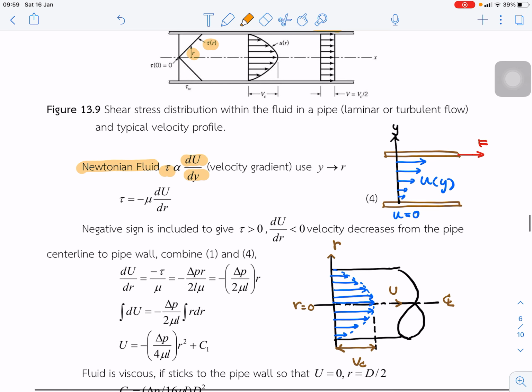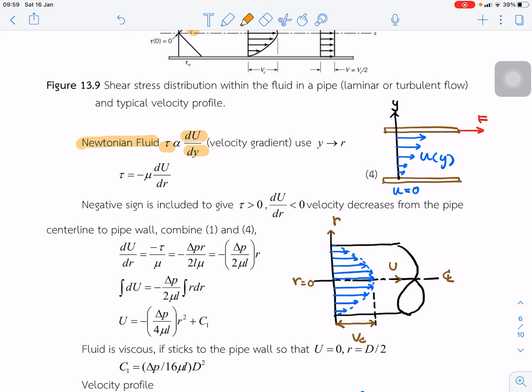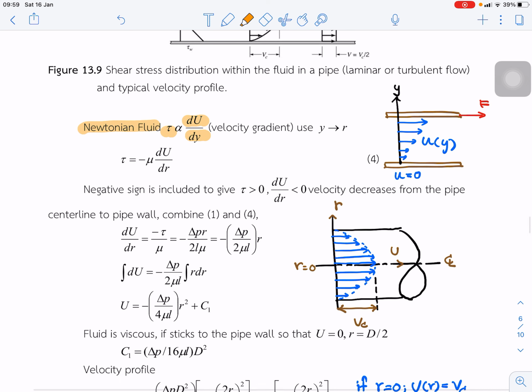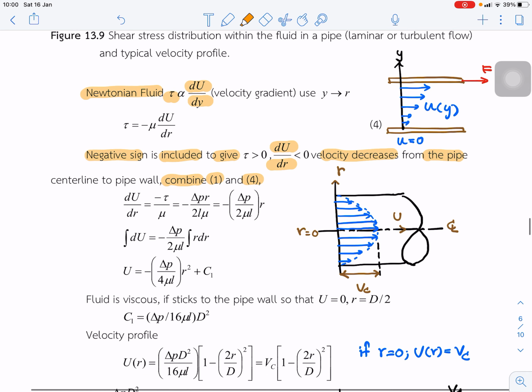This shows the equation for a Newtonian fluid we learned from the properties of fluid. The negative sign is included so that the shear stress is greater than zero while the velocity gradient is less than zero, because the velocity decreases from the pipe center to the pipe wall. We combine equation 1 and 4 together, so we get this equation, substituting tau from equation 1.